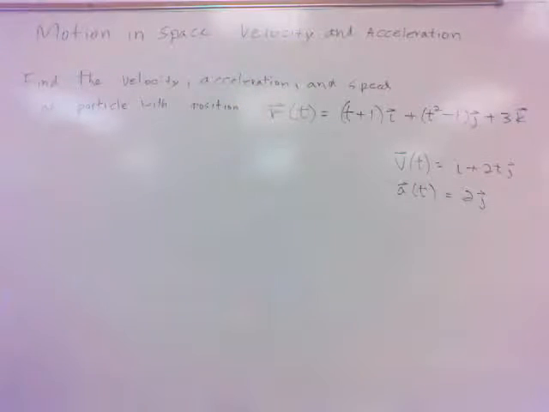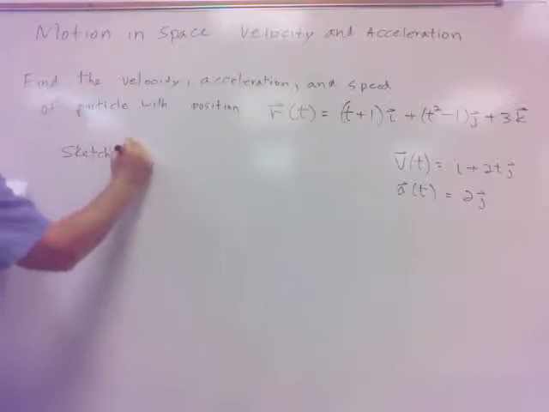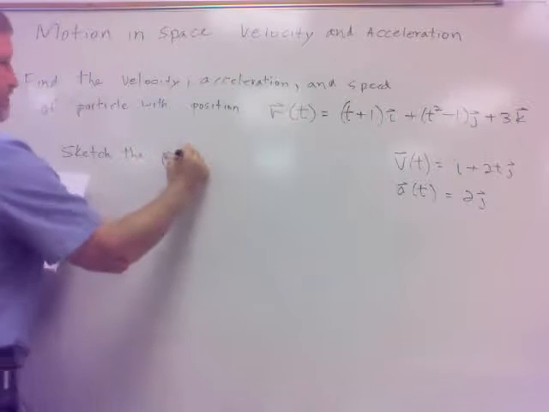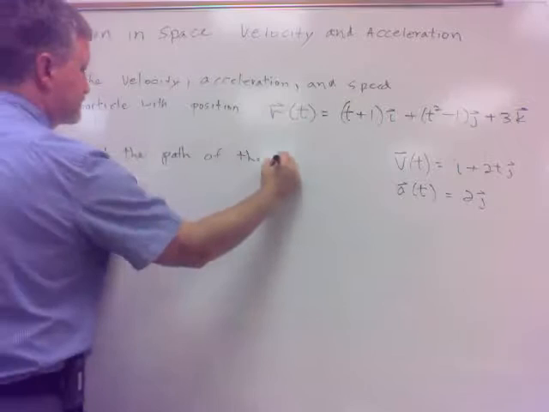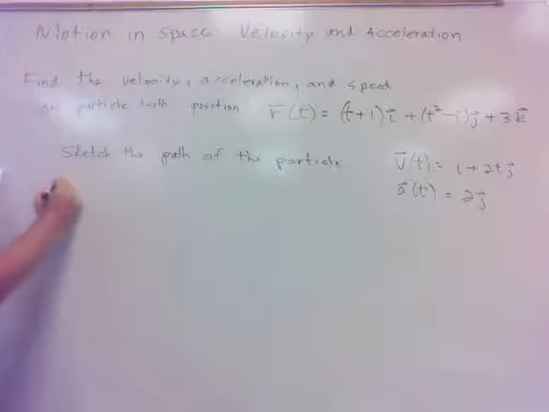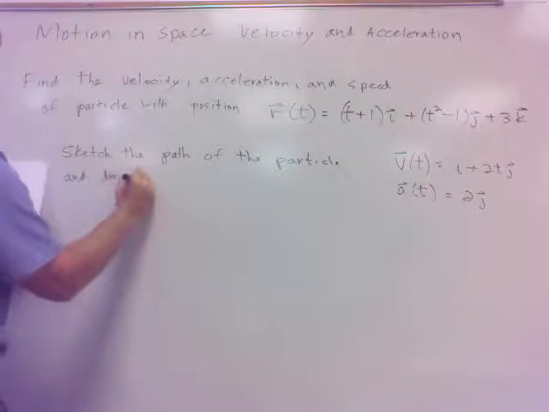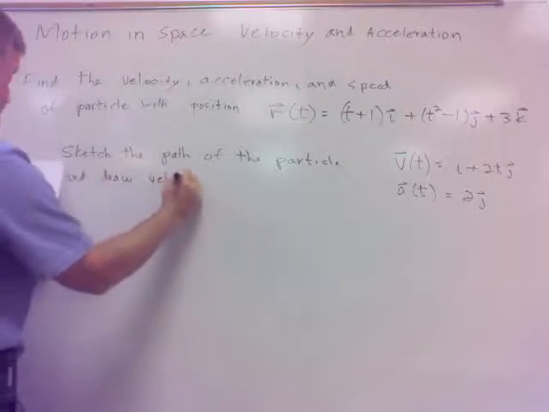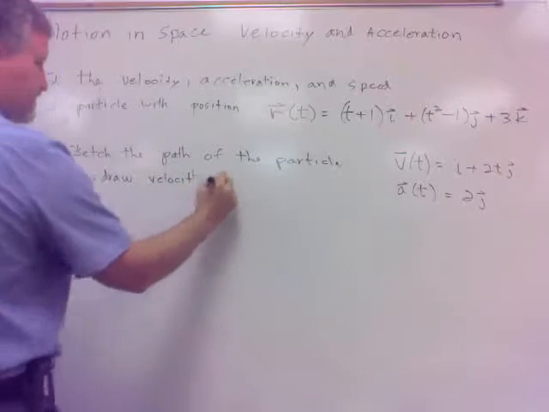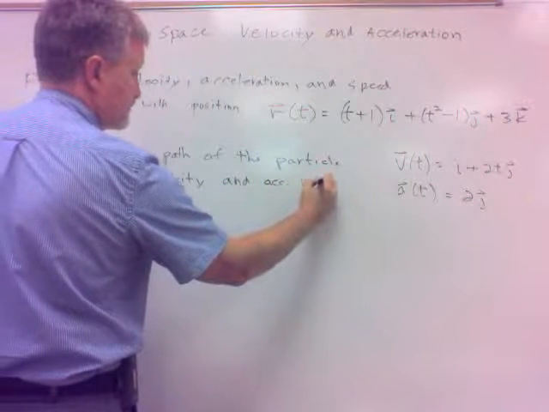All right. Okay, so here's what else I'll do. So let's sketch the path of the particle, and then draw the velocity and acceleration vectors at t equals 1.